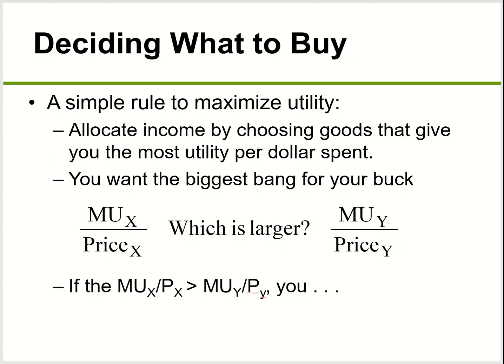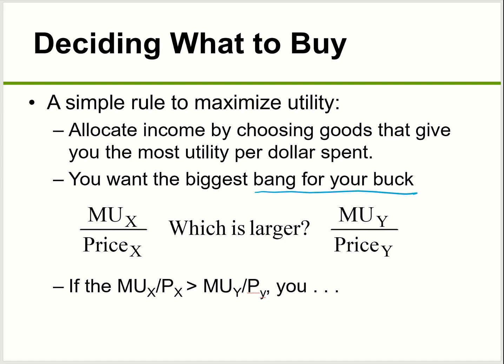This is a concept you probably remember from chapter 14. It's something called a bang for your buck, right? For every dollar you spend, which one gives you the biggest bang for your buck, or which one gives you the biggest return for every dollar you spend? That would decide which consumption our consumer will make.